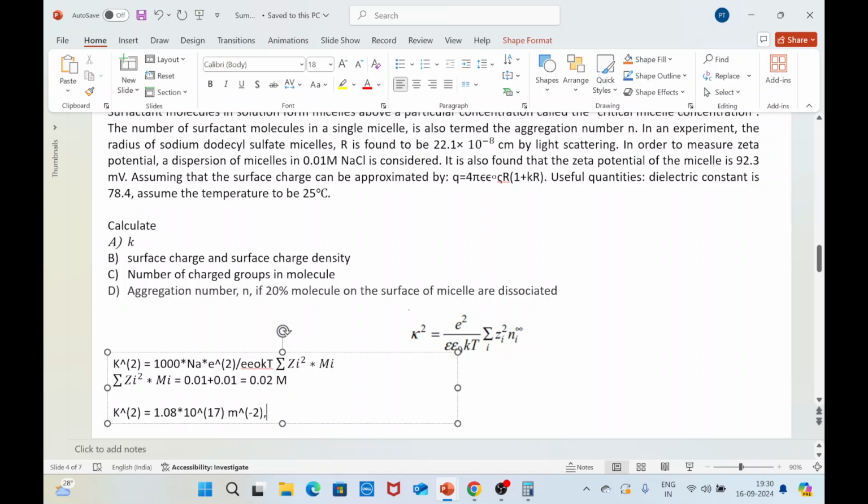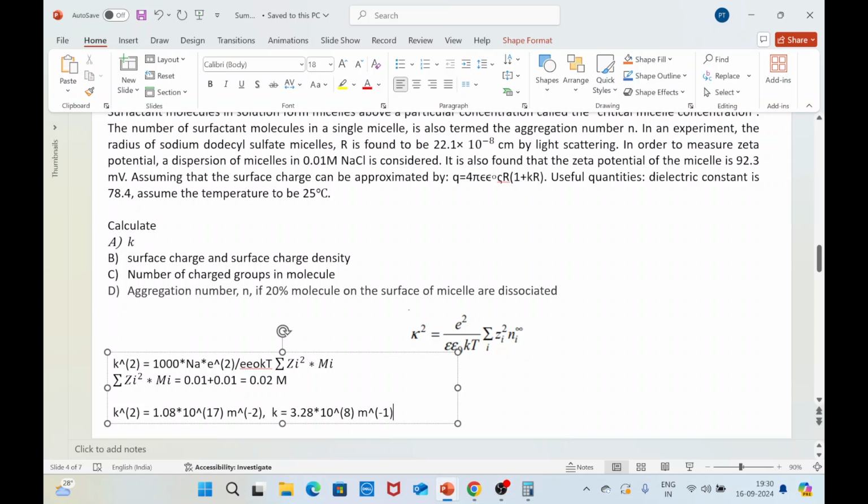So the value of kappa is going to be root of this. So that comes around 3.28 times 10 power 8 meter power minus 1. So this is the value of kappa.